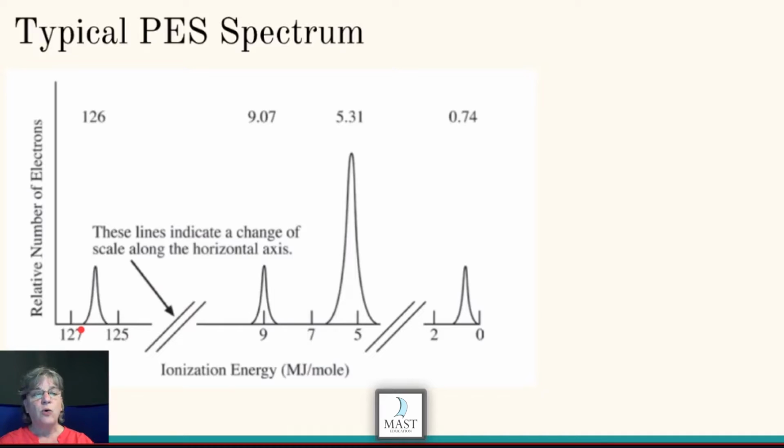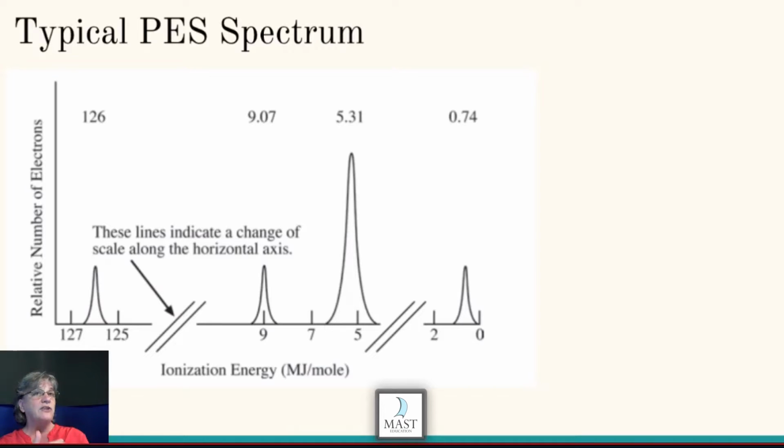It's important to note which end of this axis has electrons with the highest energy. Depending on who prepares the graph, they can be on the left or they can be on the right. In this graph, the electrons with the highest binding energy are on the left side of the axis. The electrons with the greatest binding energy are those that are closest to the nucleus.